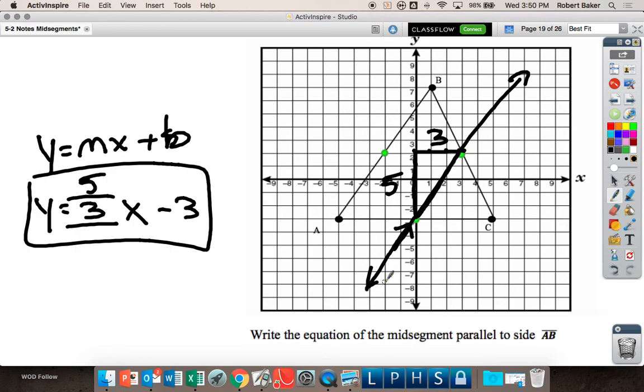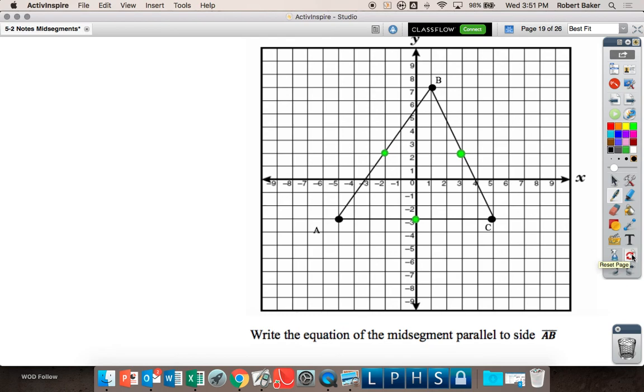Now, here's a super huge hack. Can I erase this? Okay, if this is the midsegment, what's the y-intercept? -3. Now, this midsegment has to be parallel to this side. So do you have to count this one? Can you just count this one?